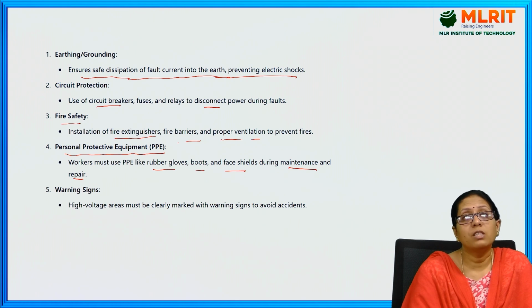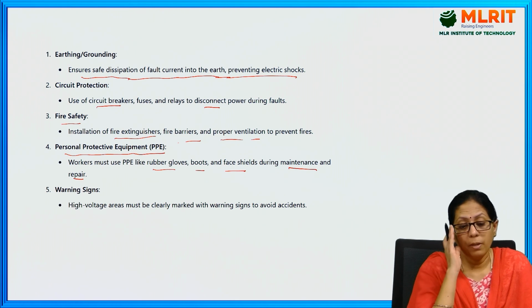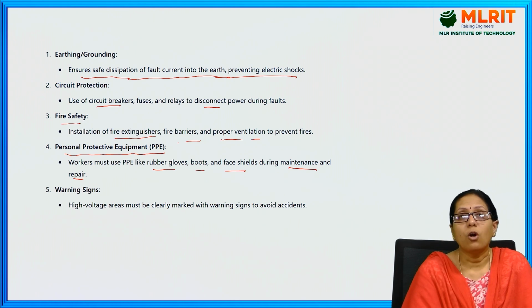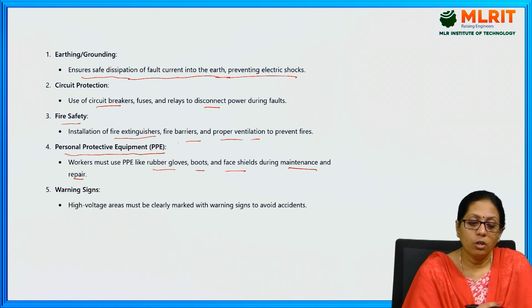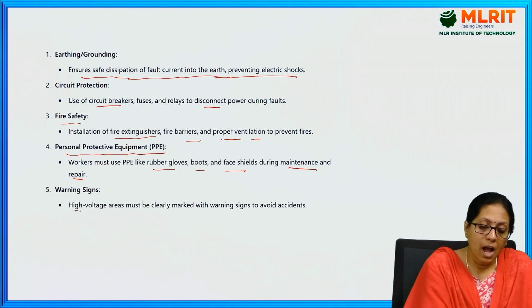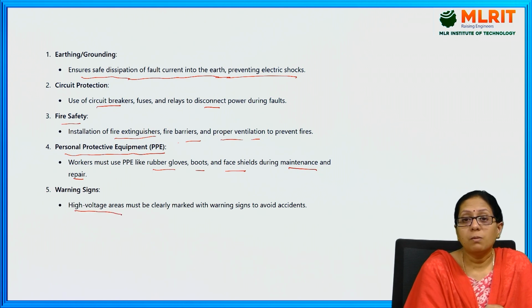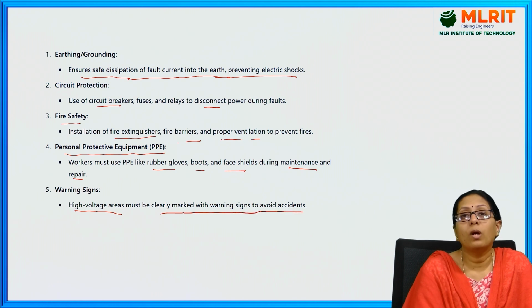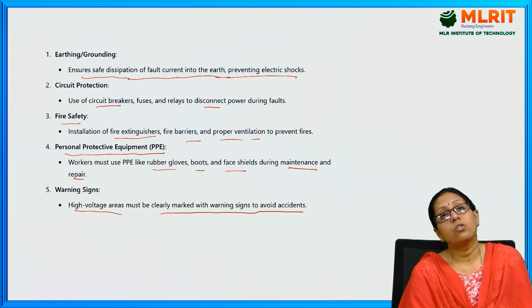The workers should be provided with proper PPE kits in order to protect the worker. Next one is warning signs. High voltage areas must be clearly marked with warning signs in order to avoid any kind of accidents. So, all these should be considered.